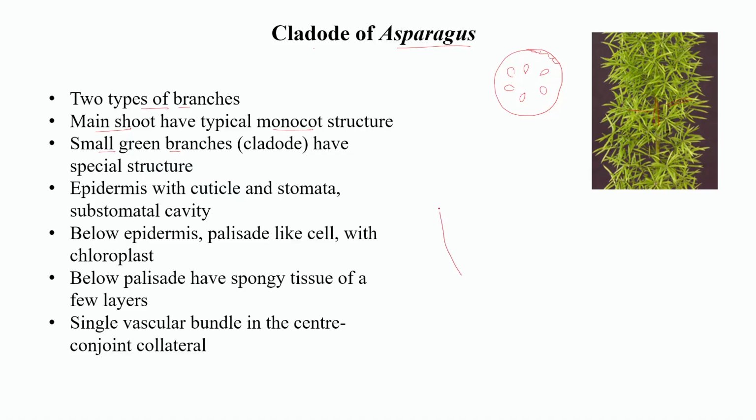So when you will cut the section, you will see that it will have a boundary. Okay, definitely the boundary will have epidermis, and then it will have cuticle. And you will find stomata also, and that stomata will open into a substomatal cavity.